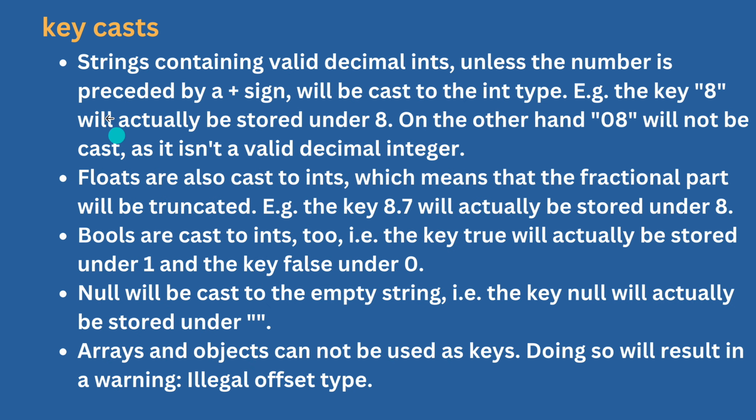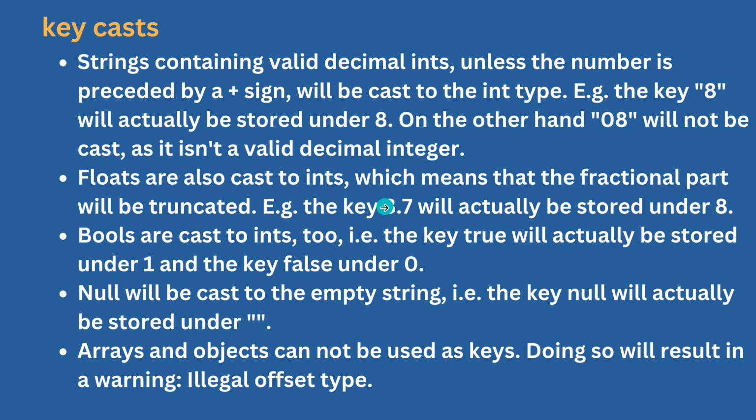Now I have told you, if this is the key, then what is actually stored as a key? 8, right? This 08 is like an octal, so this will not convert into 8. This will be just a string, right?